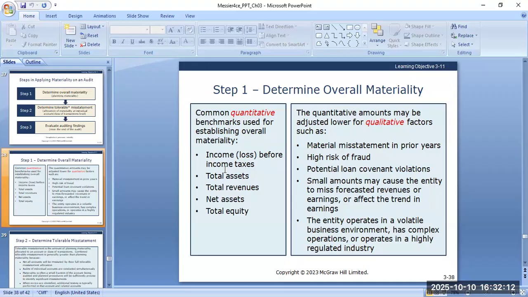Now, the quantitative amount: once we establish the quantitative benchmark, then we have to come up with the amount. The quantitative amount may be adjusted, higher or lower, for qualitative factors such as material misstatement in the prior year.